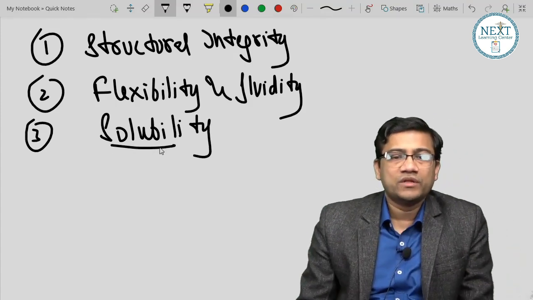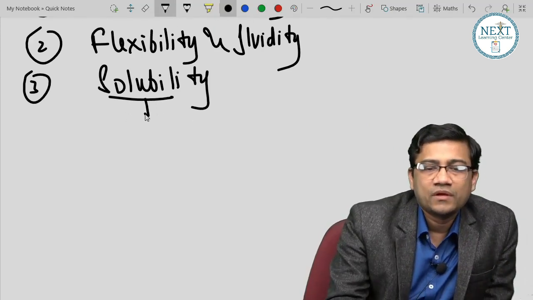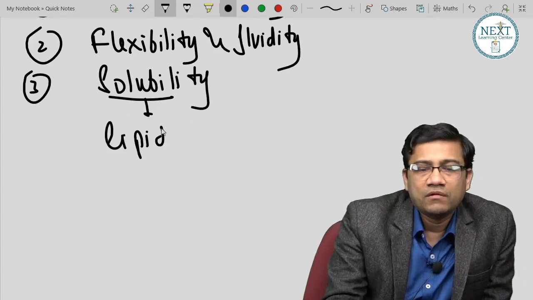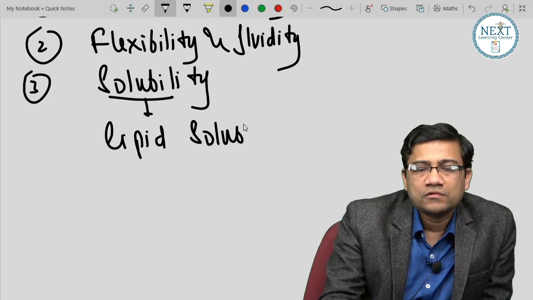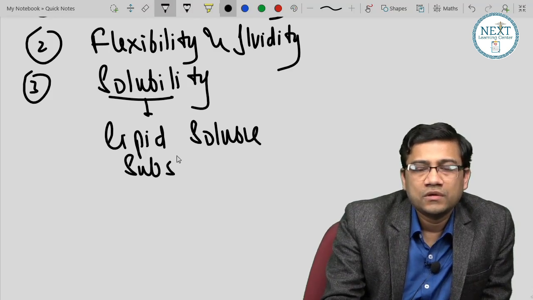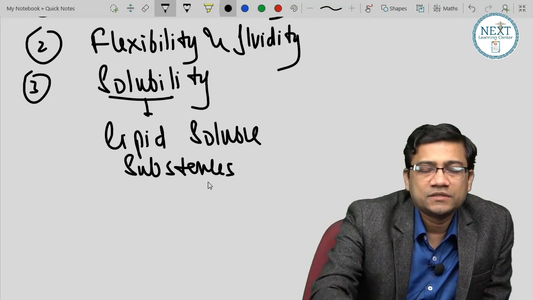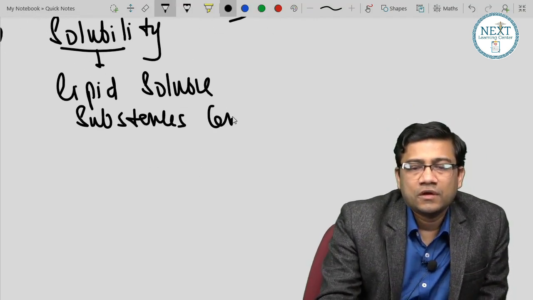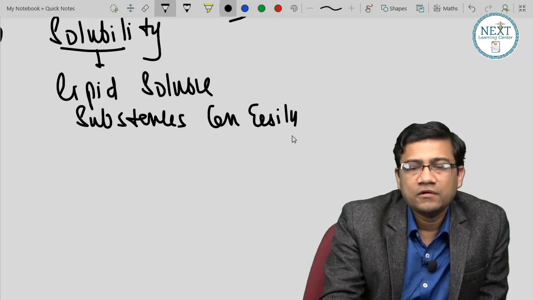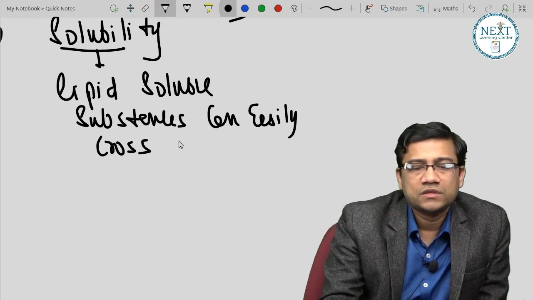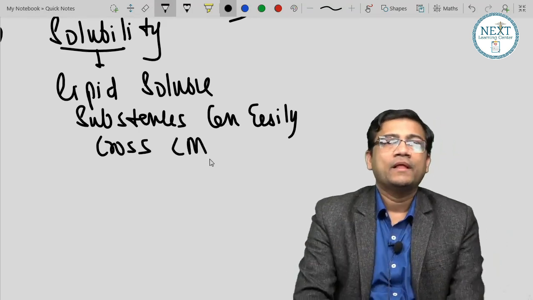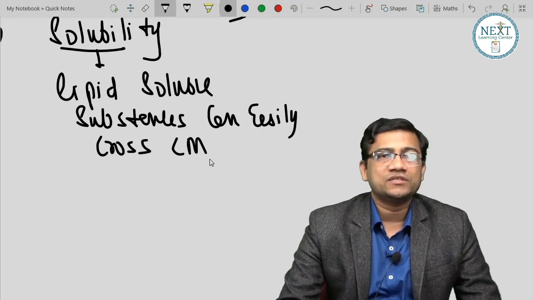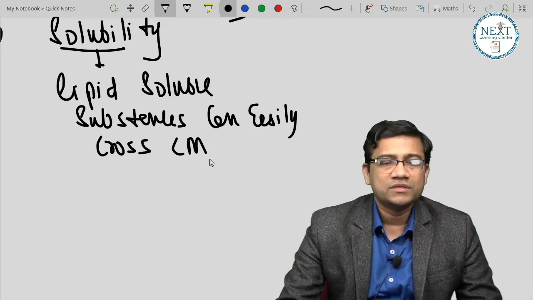Now let us focus on the concept of solubility. Lipid soluble substances can easily cross the cell membrane. Okay. So what substances can easily cross the cell membrane? Lipid soluble substances.